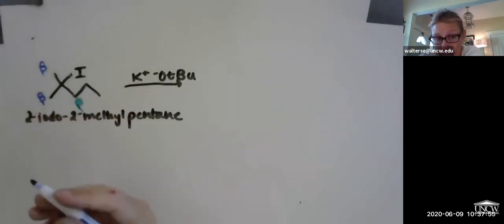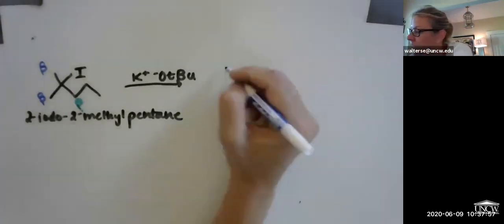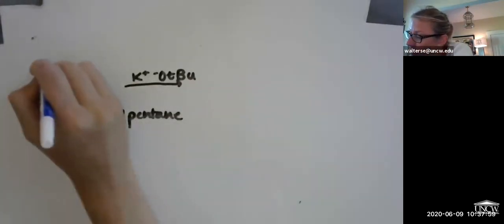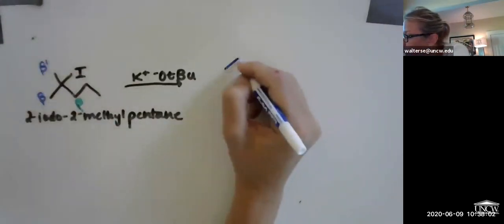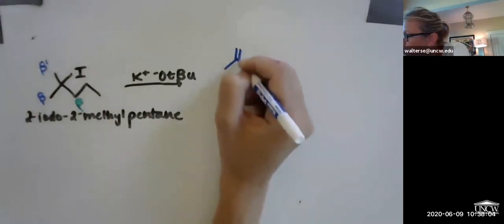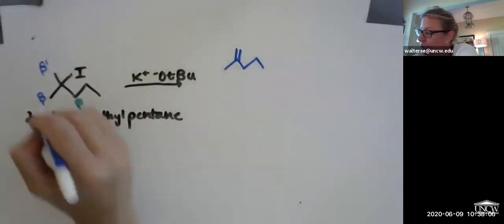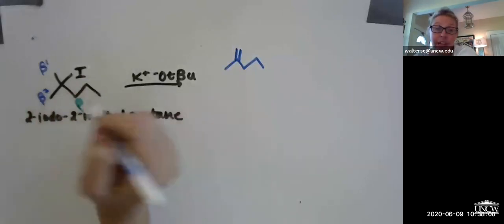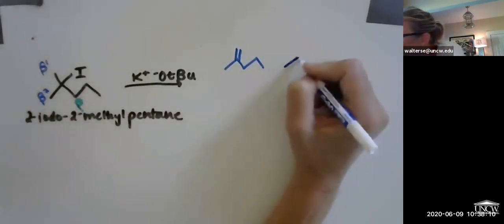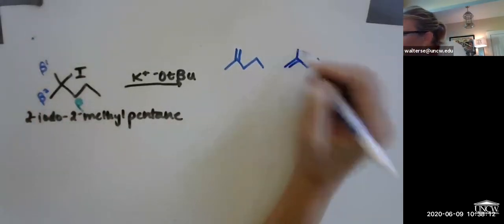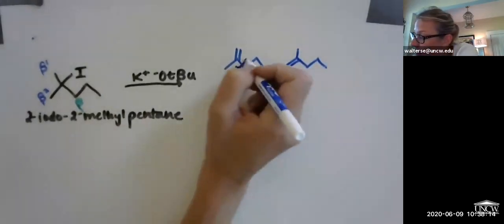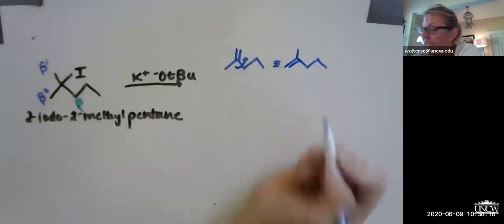You might not draw it the same, but the product would be the same. So if you pulled from blue beta 1, you would draw this. If I pulled from beta 2, I would draw that. But because of free rotation here, these two things are the same.